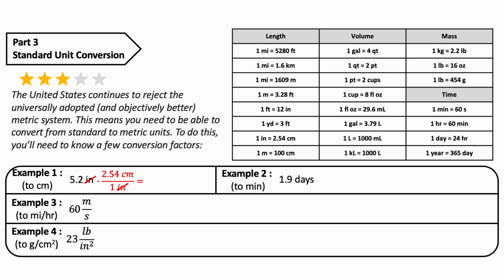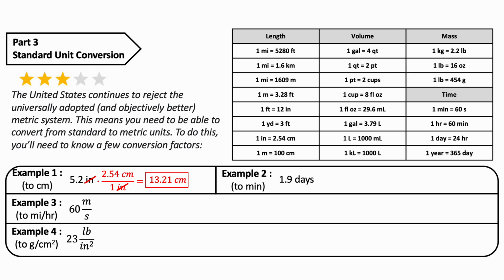When I multiply out, notice I have an inches in the numerator and I have an inches in the denominator, and those inches cancel out. Once you are sure that everything cancels out, go ahead and do our math. Our math here is just 5.2 times 2.54, and that gets a final answer of 13.21. Make sure we express our final unit as what we should have, which is centimeters.